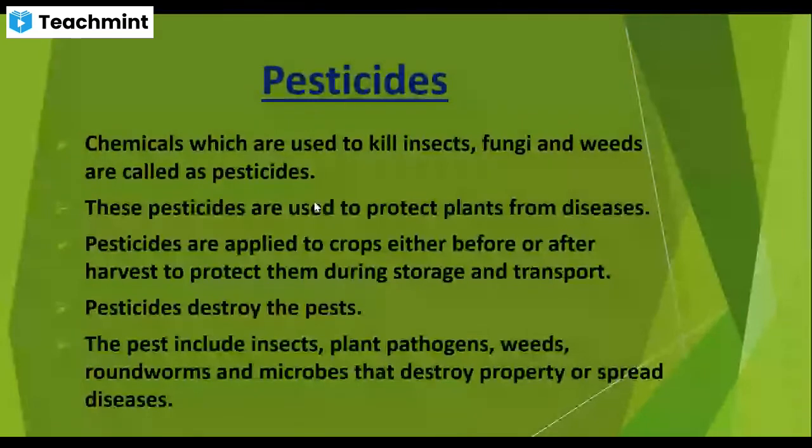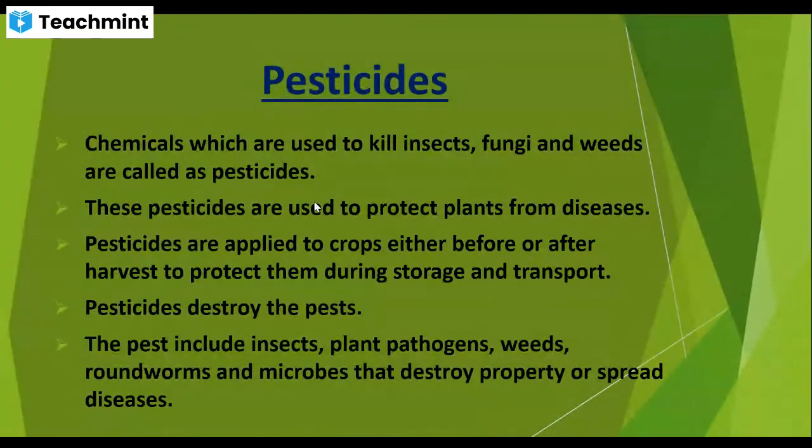Different pesticides are available in the market to kill different insects, fungi, and weeds. These pesticides are applied to crops either before or after harvest to protect them during storage and transport. Before harvesting we can use pesticides as well as after harvesting.